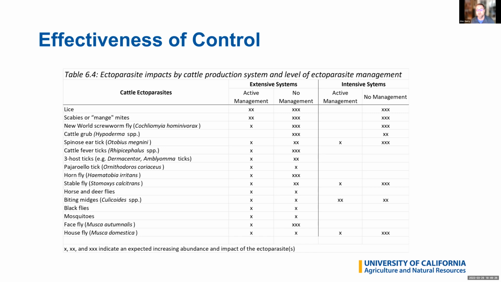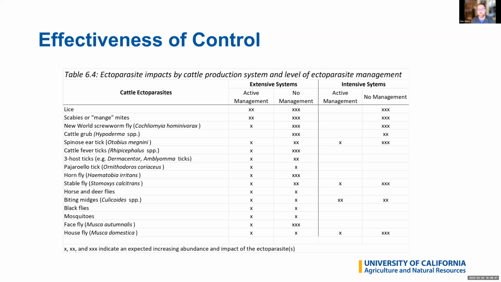These are relative changes. In some pests, for example screwworm, under a no management option, screwworm can be very damaging to cattle, but under an active management option, which includes the quarantine that we have in the US against screwworm, we can reduce their impact greatly.